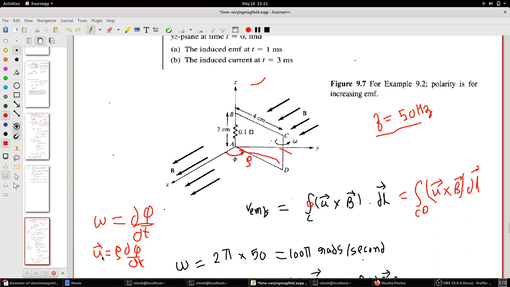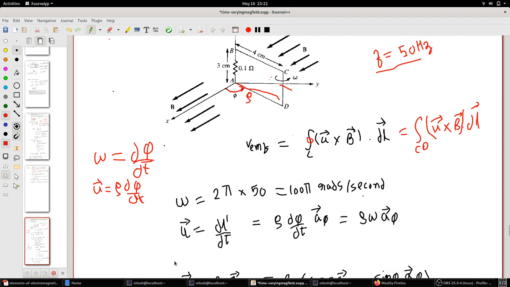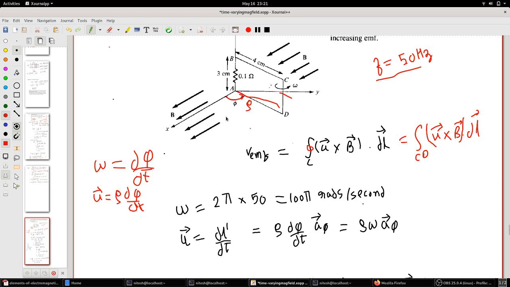So rho into d phi by dt is u, and the direction of my u will always be tangential, which will be a phi. So rho into omega into a phi is u now.